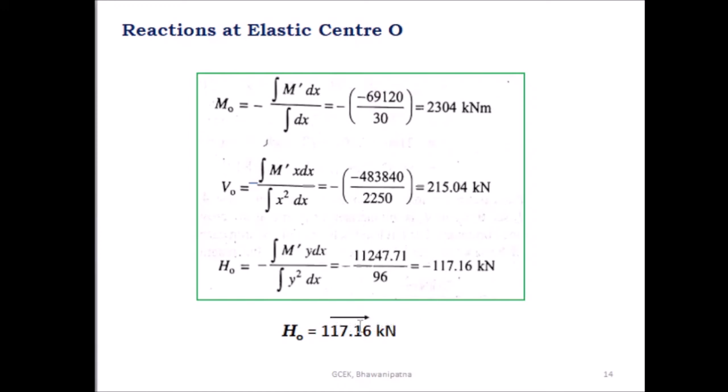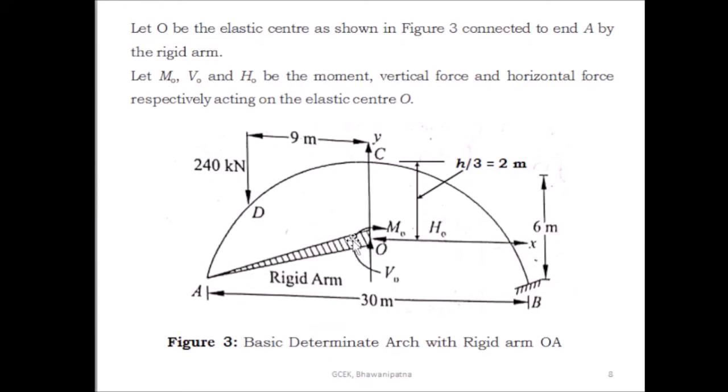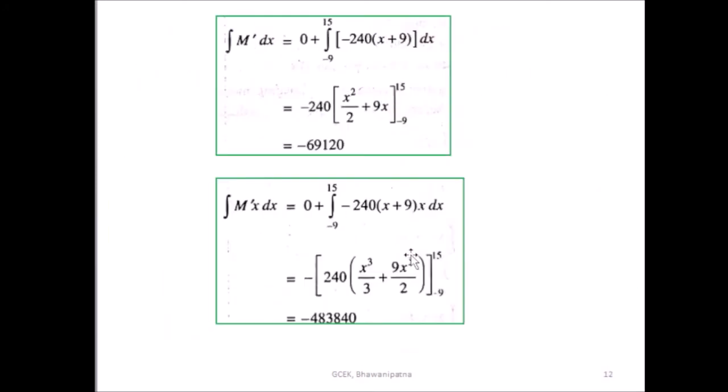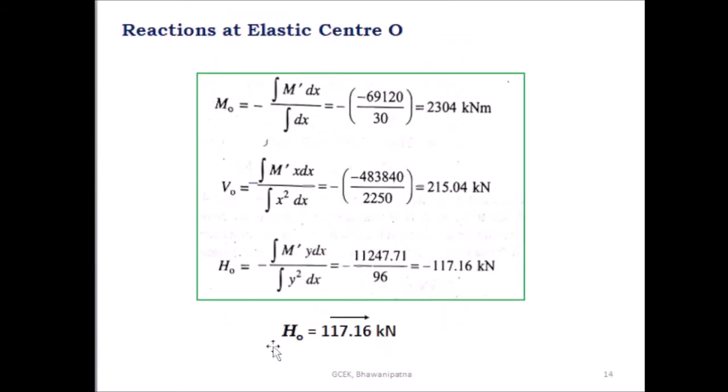You got the negative sign, so you take the horizontal force direction as towards right. So the horizontal force at the elastic center is HO equal to 117.16 kilonewton, and the direction is towards right.